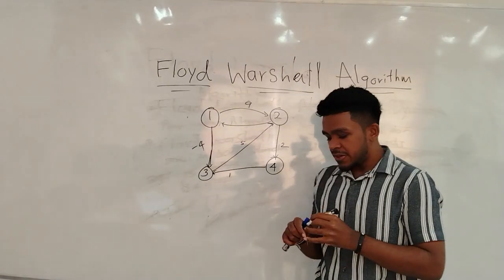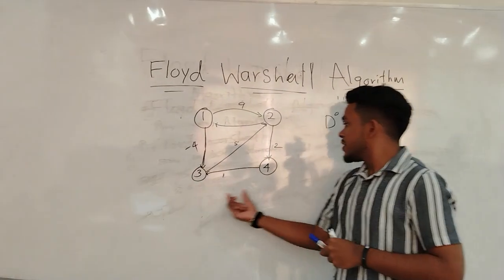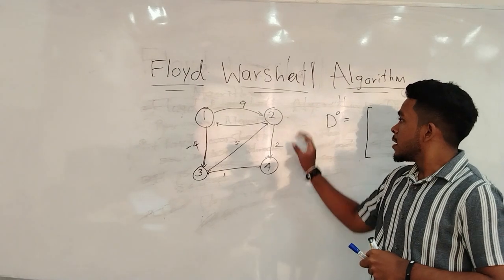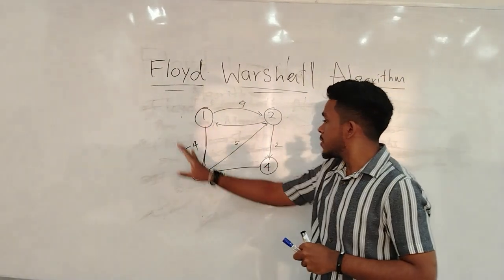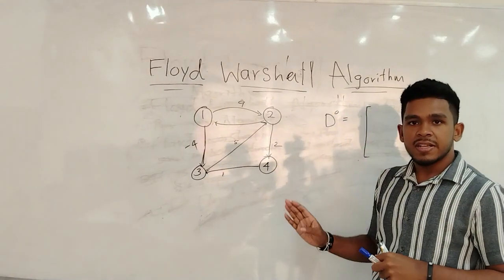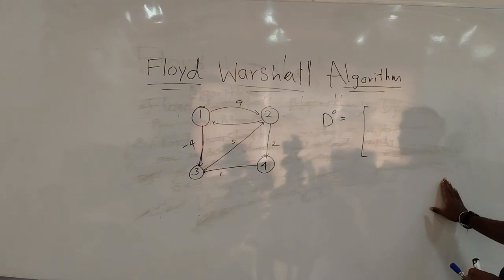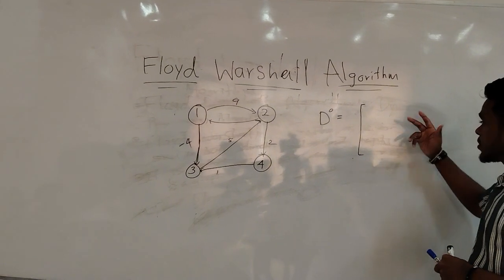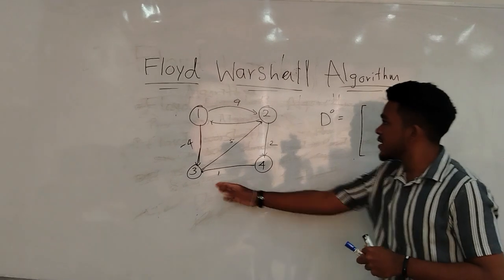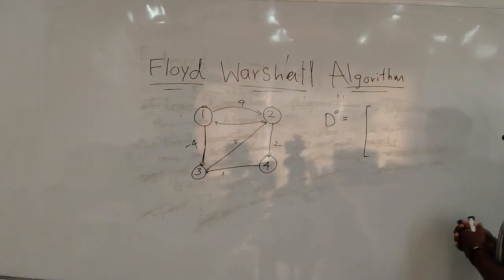To identify whether the matrix is 4 by 4 or 3 by 3, we use the number of vertices. There are 4 vertices, so the matrix is a 4 by 4 matrix.